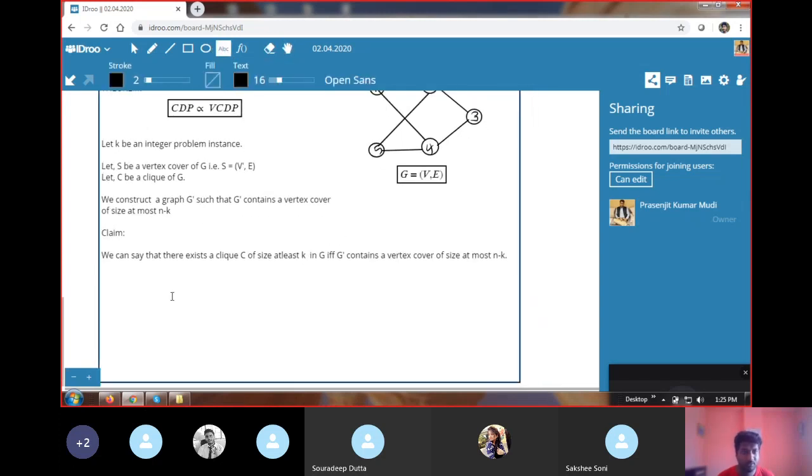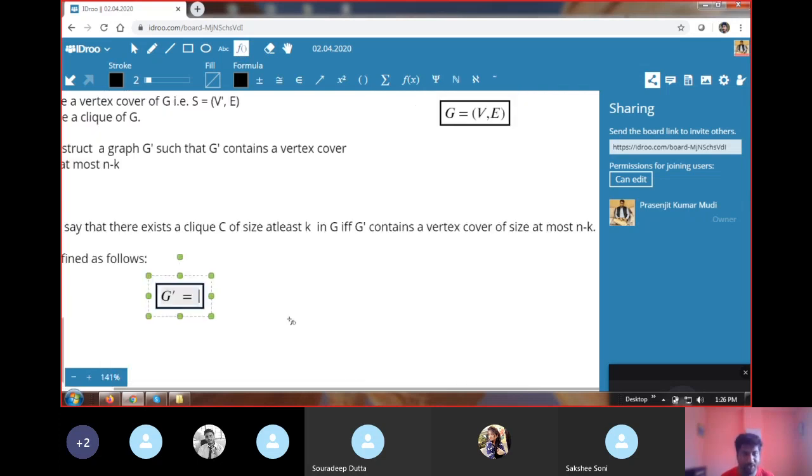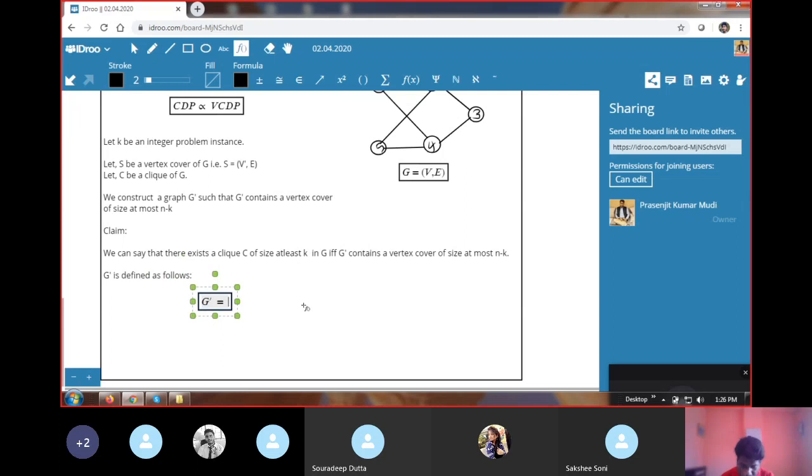So G dash is defined as follows. G dash equals V comma E dash, same vertices.